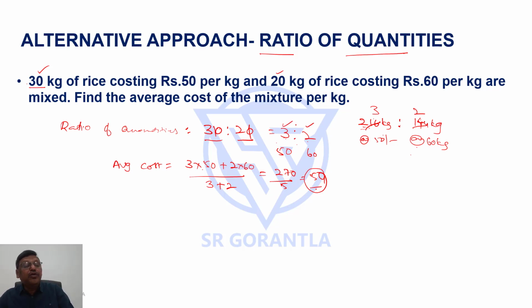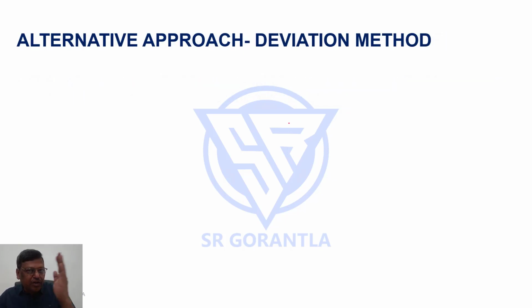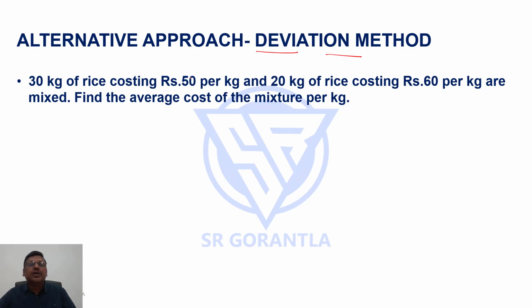Next, why don't we take the deviation approach? If you recall the first video in this topic, where we discussed the averages basics, we discussed the deviation method. We can take that. Suppose the two prices are 50 and 60, you know the average will always be somewhere between 50 and 60. So let's take any one number between them as the reference. Let's say I'll take 55, somewhere in the middle of 50 and 60, as a reference, and then we write deviations.